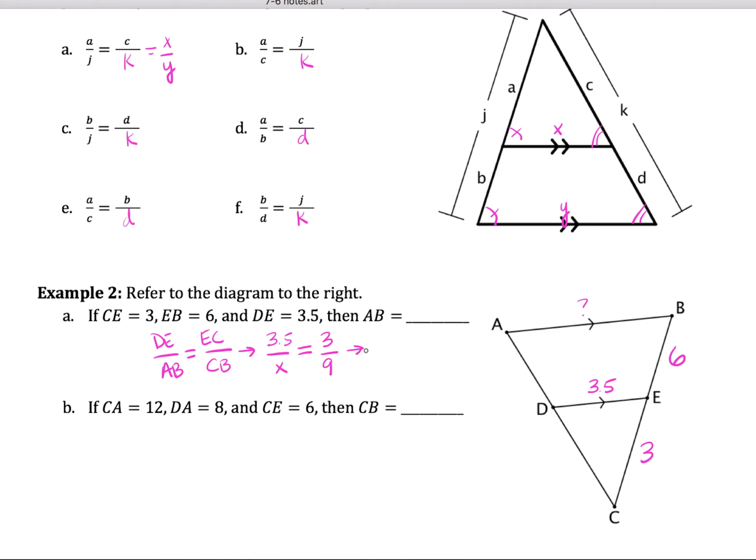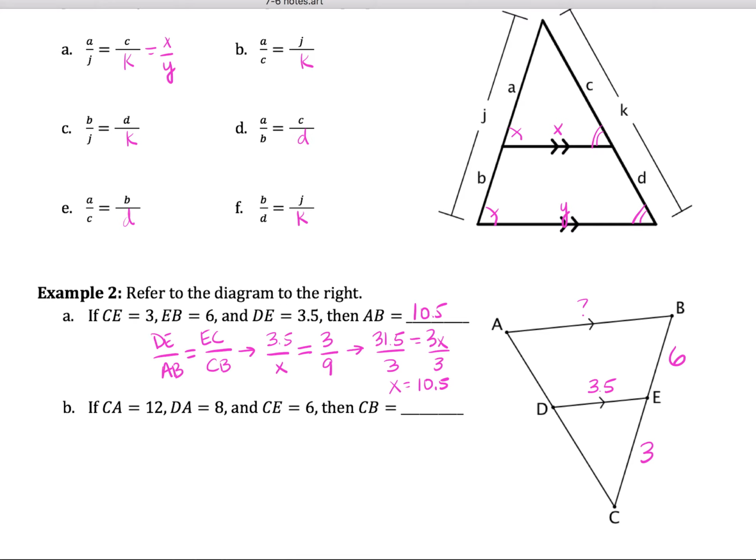And so now if we do some cross multiplying, we should be able to solve for our X. 3.5 times 9, that's going to give us 31.5, would equal 3 times X, or 3X. So if we divide both of these sides by 3, we will get x equals 10.5. So the length of AB would be 10.5 right there.